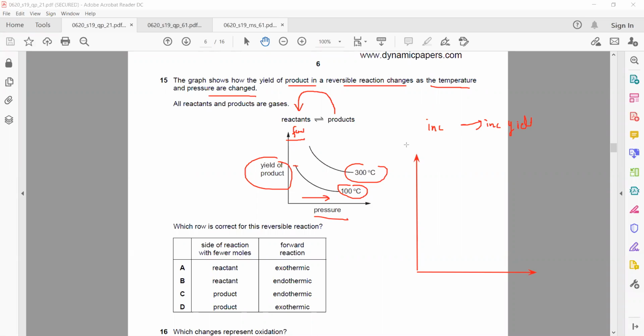For endothermic reactions, reactants have low energy and products have high energy. So the forward reaction is endothermic, and the side with fewer moles is the reactant, so B is the correct answer.